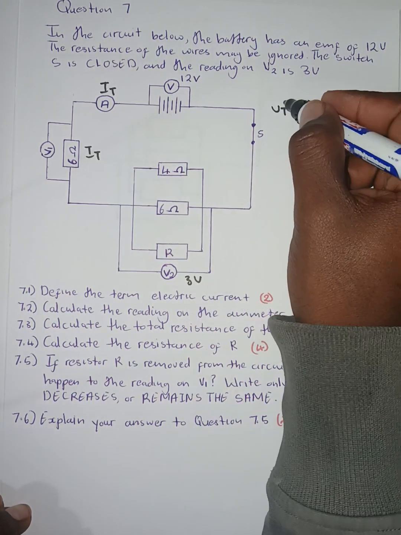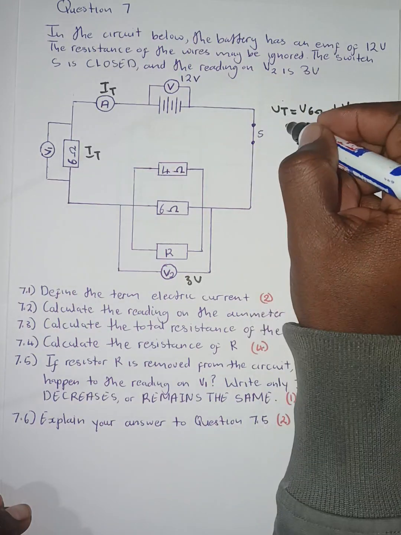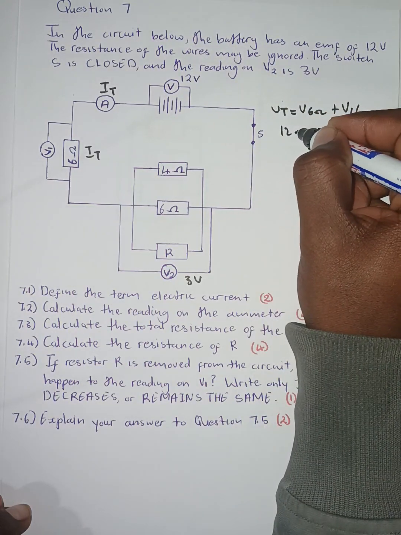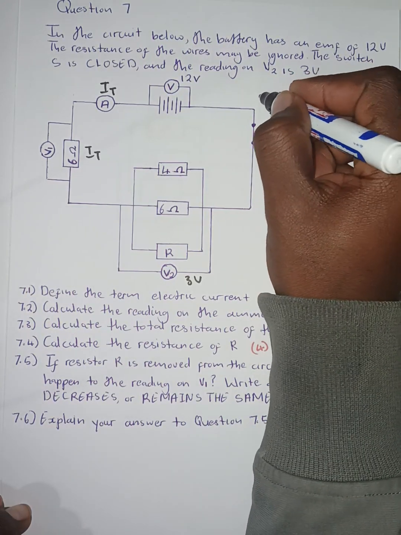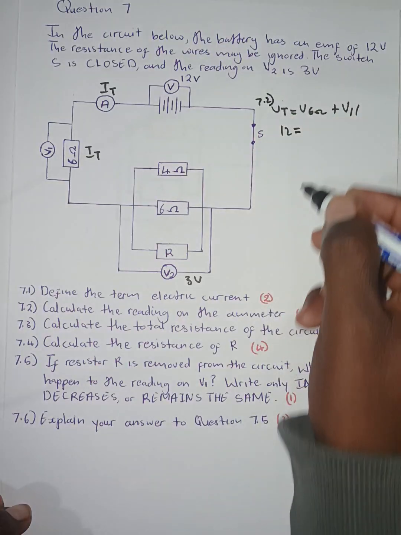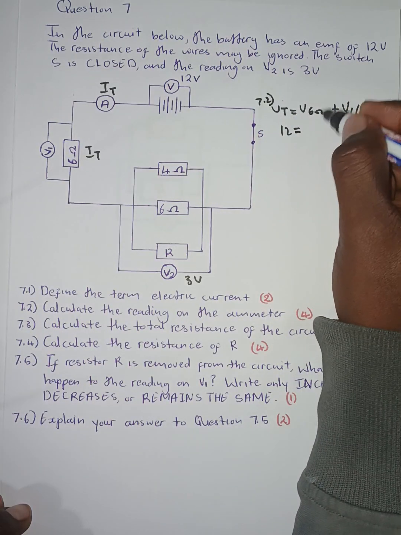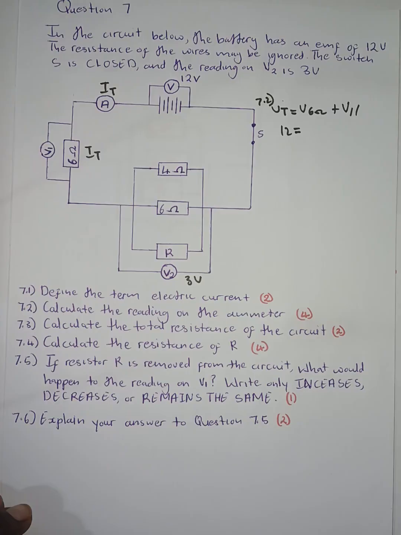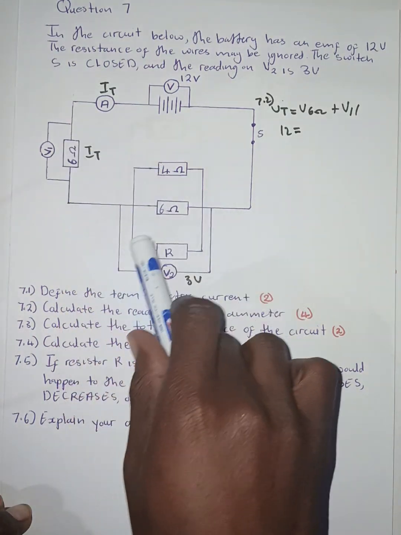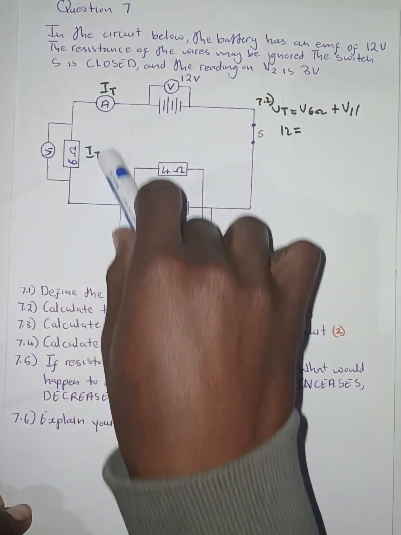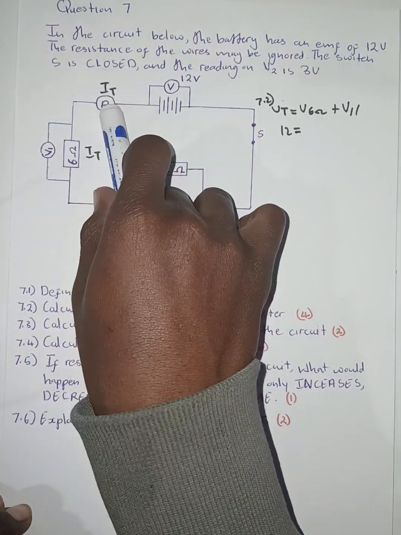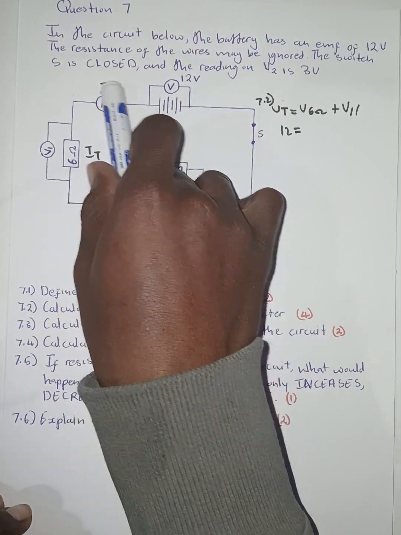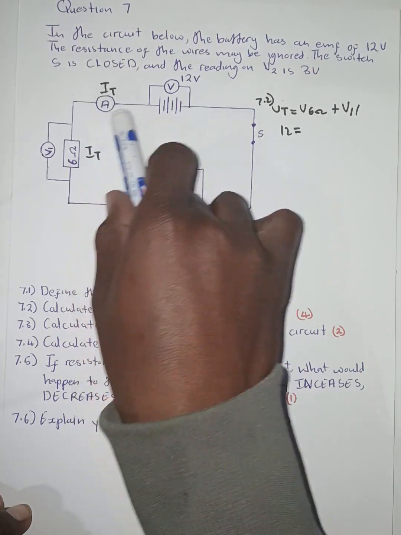So you can note I have my V total to be 12. This is 7.2. What I'm trying to achieve is to calculate the current passing through that 6 ohm resistor. It would be the same current that is passing through that ammeter there.